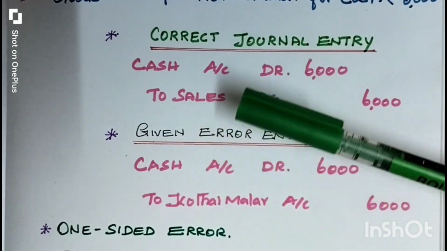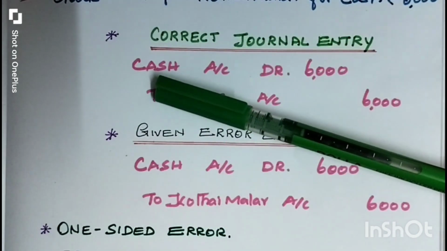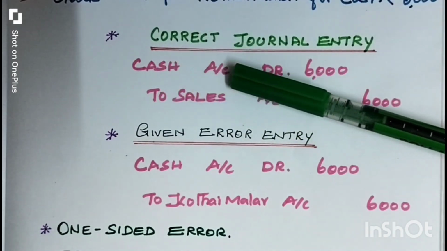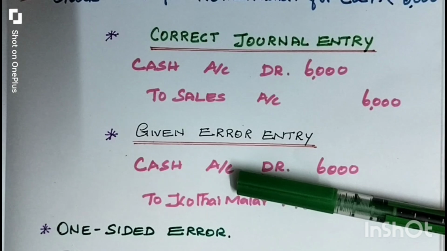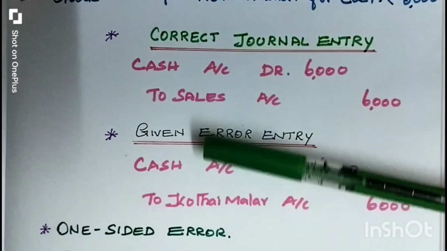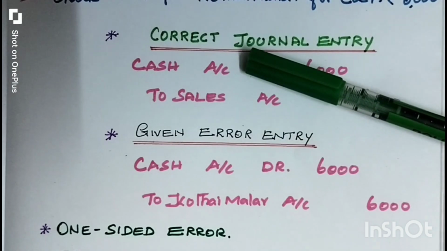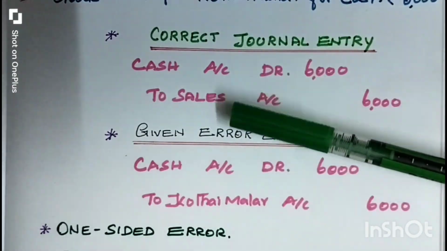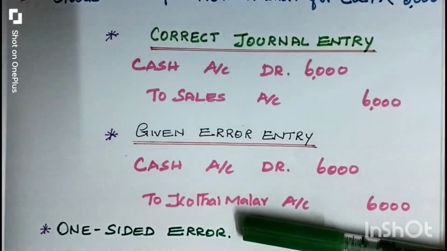Let's take the debit side of both entries. On the debit side we have the cash account, and there also we have the cash account. So we have the same account on the debit side, so there is no error on the debit side. Let's take the credit side. We have a different account on the credit side: here the sales account and there the Kodai Malar account.